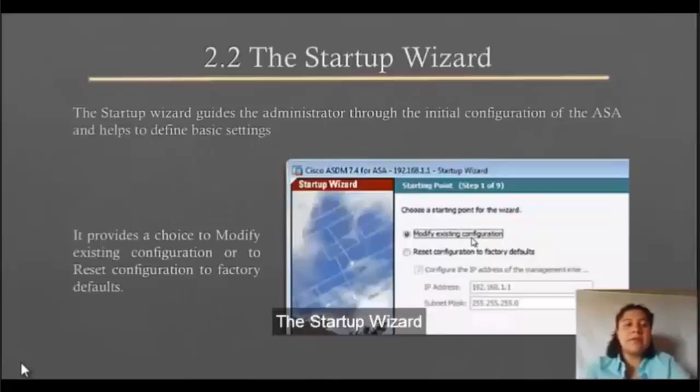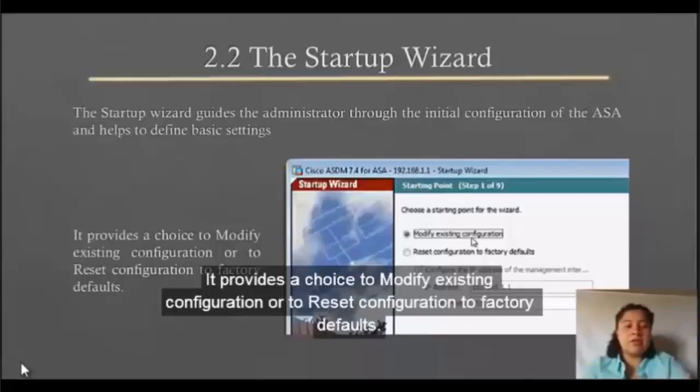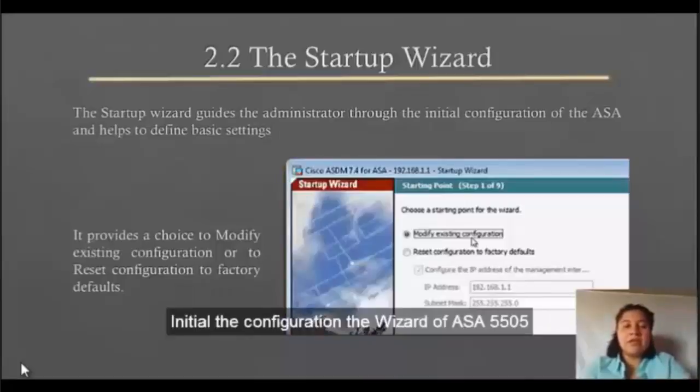The Startup Wizard gives the administrator the initial configuration of the ASA and helps define basic settings. It provides the option to modify the existing configuration or to reset the configuration to factory defaults. Initial configuration, the wizard, the ASA 5505.